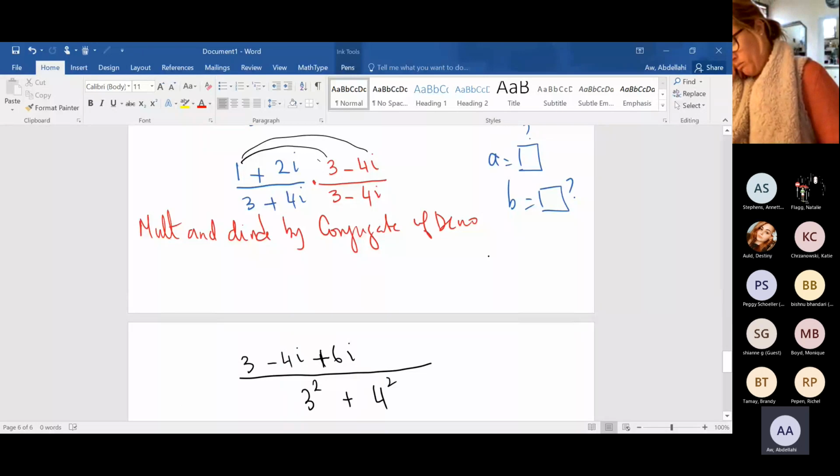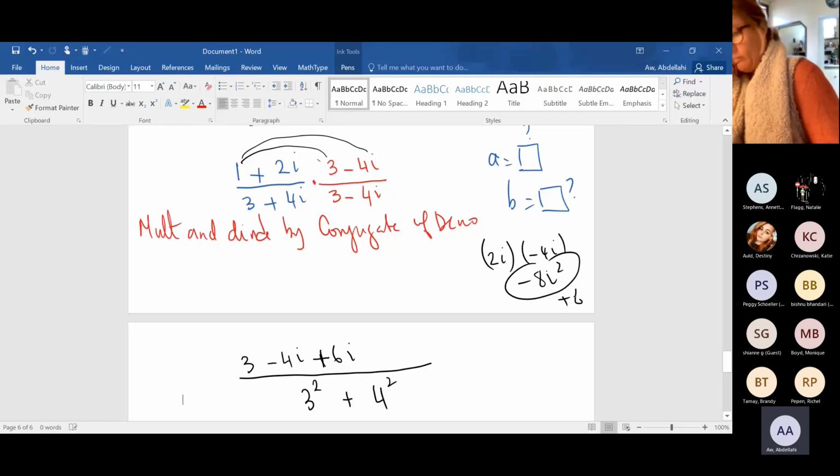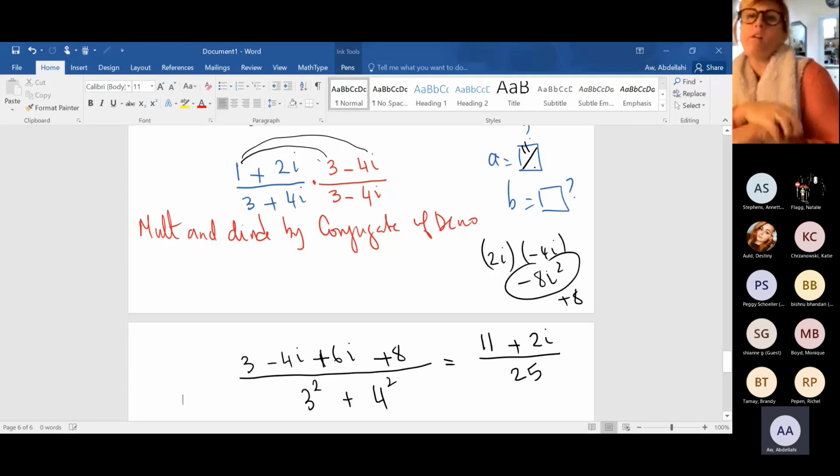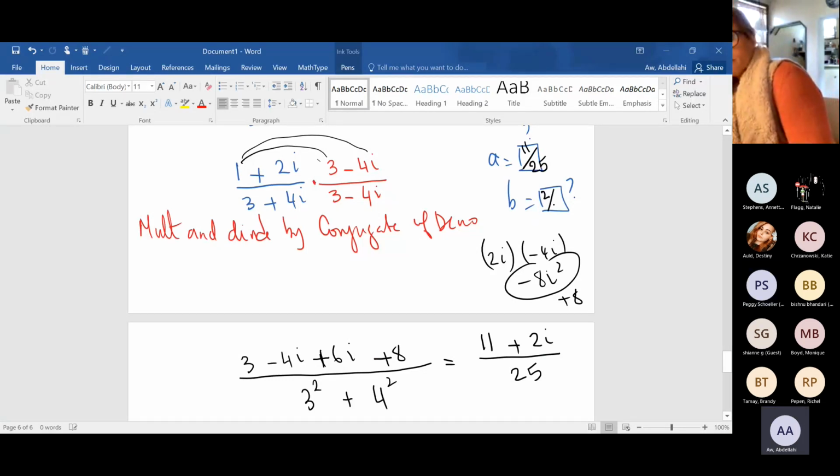Because it's 2i times negative 4i, which is negative 8i squared, which ends up being positive 8. So my final answer is 11 plus 2i over 25. Now, can I answer how much A is? A is 11 over 25, and B is 2 over 25.